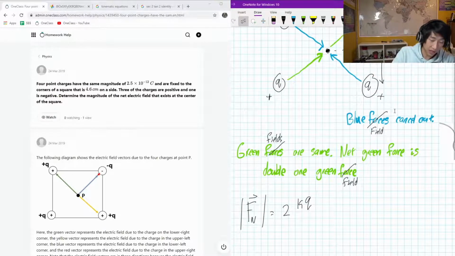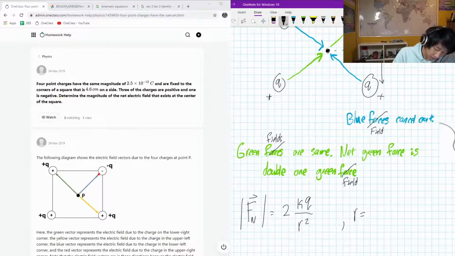It's just going to be 2kq over r squared, and r squared is actually going to be the hypotenuse, so it's 0.023 meters squared plus 0.023 meters squared.